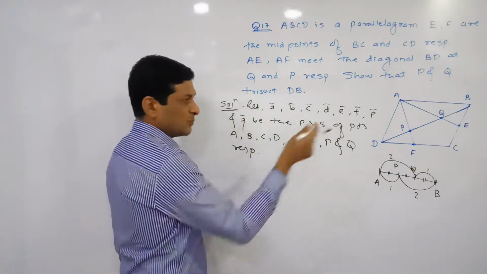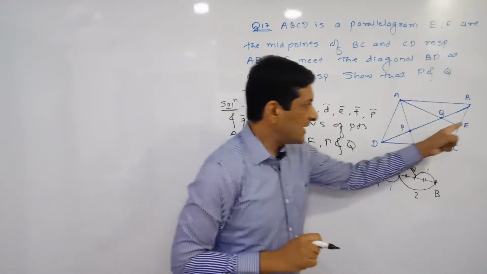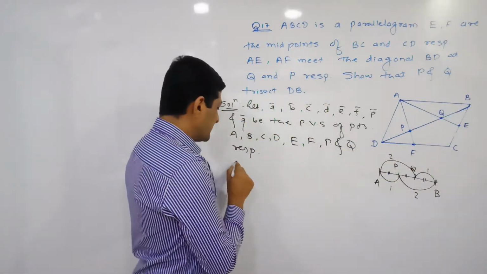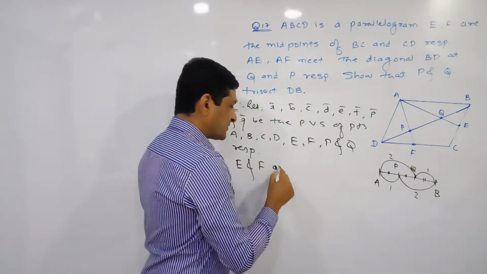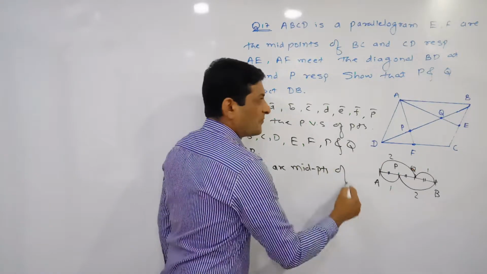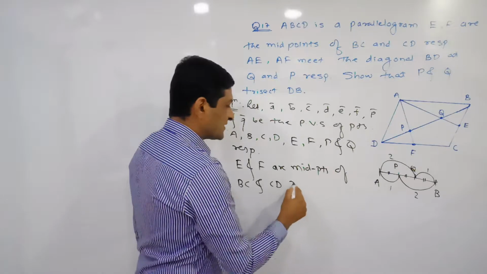We have just defined the position vectors of all the points. Now we use the given condition that E and F are the midpoints of BC and CD respectively.